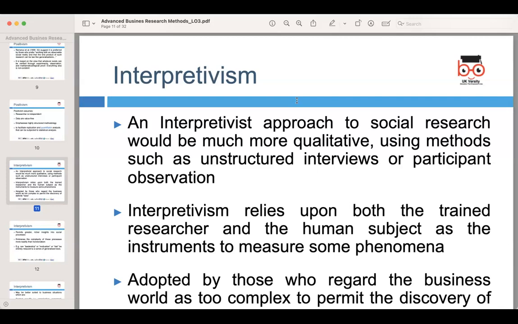Qualitative methods such as unstructured interviews and participant observation play a central role in interpretivist research. Unstructured interviews allow researchers to have open-ended conversations with participants, enabling them to explore and understand the various perspectives, values, and meanings that individuals hold.